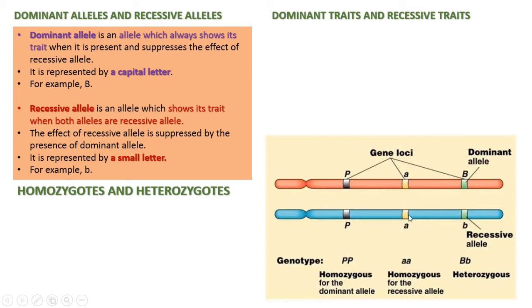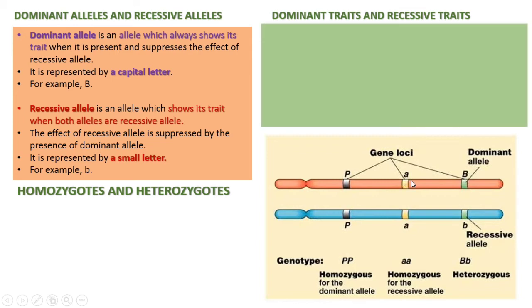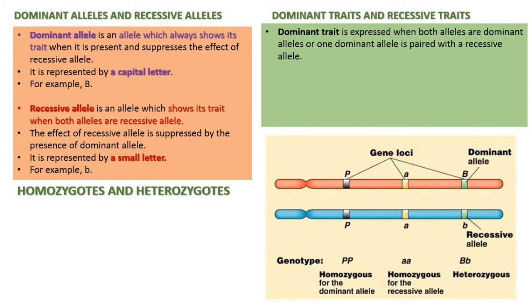Dominant trait and recessive trait. Dominant allele is the gene located at the same locus. Dominant trait is expressed when both alleles are dominant. Maksudnya bila both allele dominant baru dia akan menunjukkan dominant traits. Trait tu macam characteristic tadi lah.